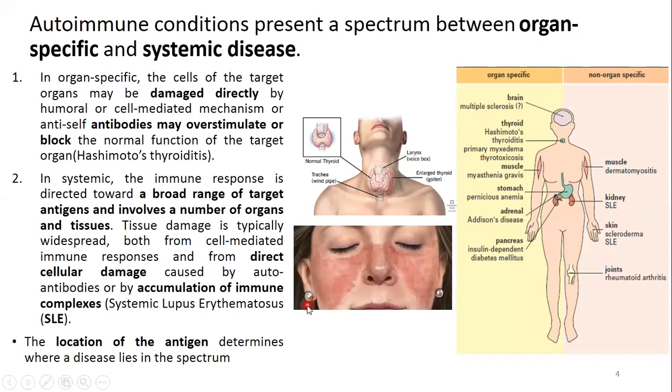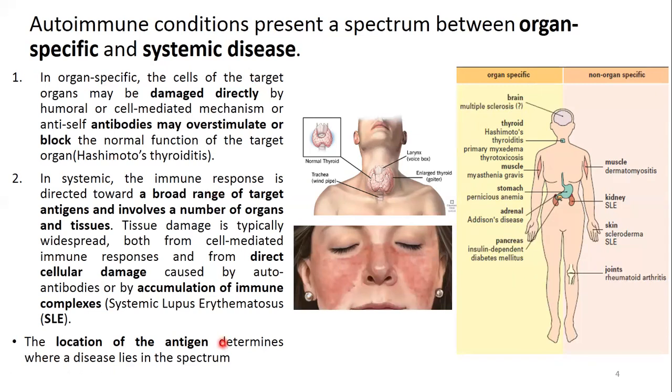So there is a question: what leads to this difference between organ-specific and systemic autoimmune diseases? Basically, it could be many reasons, but one of the most important is the location of the antigen.